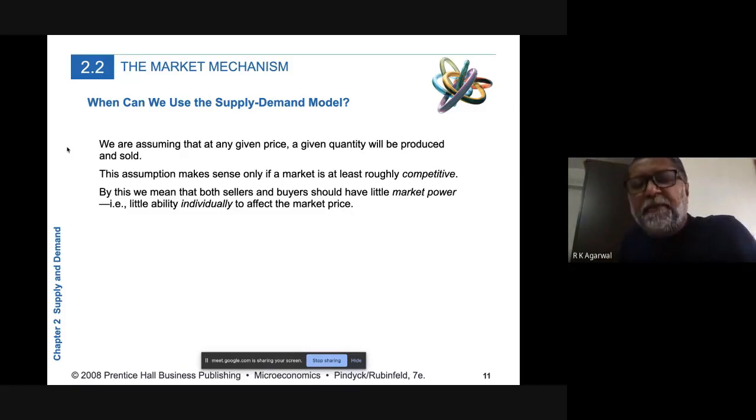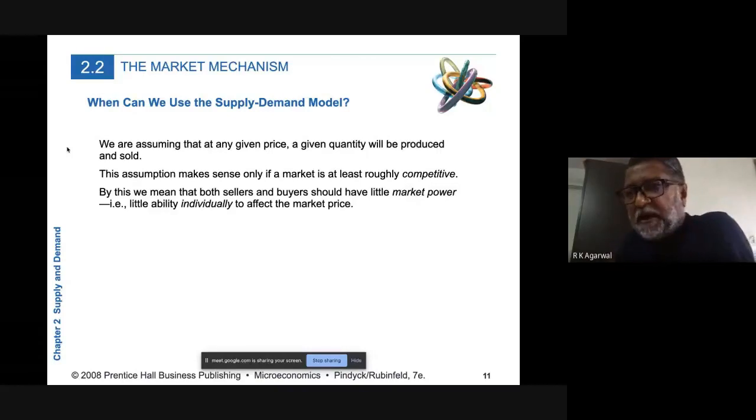Nobody will buy it from you, because everyone else is selling the same stuff as you are selling. So basically, a competitive market refers to a situation where both buyers and sellers have little market power or absolutely nil market power. That is, they have no ability individually to affect the market price. They cannot change it. That is what we call a competitive market.